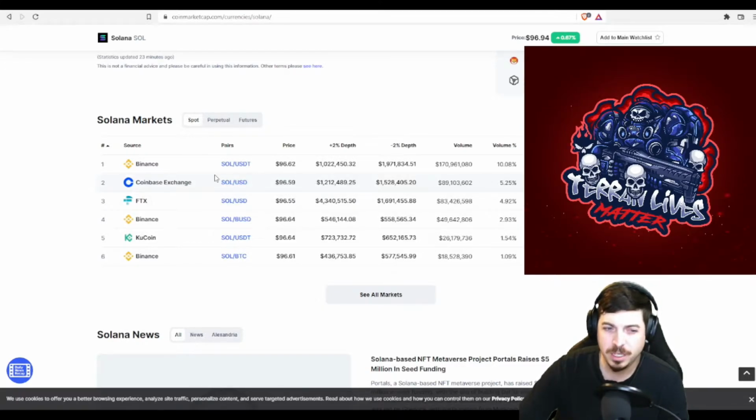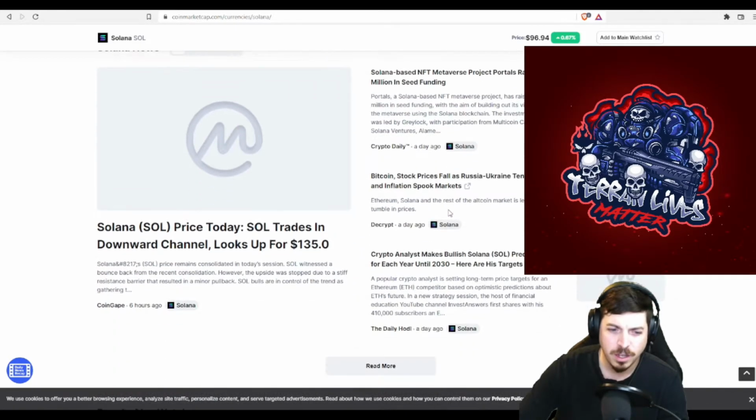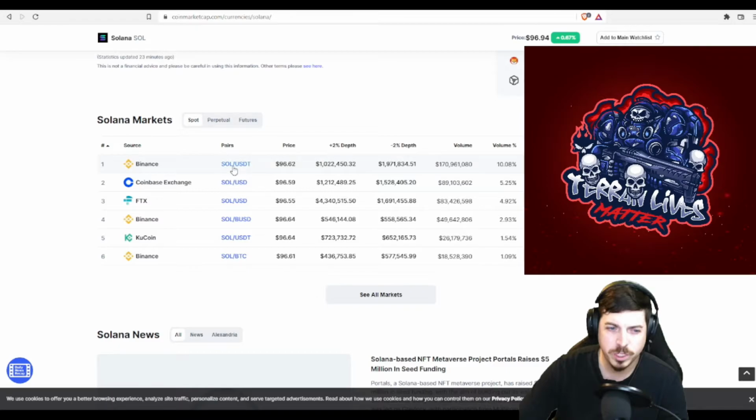I would probably eke out a higher percentage each month in profits using this Coinbase pair and using this Binance pair, right?